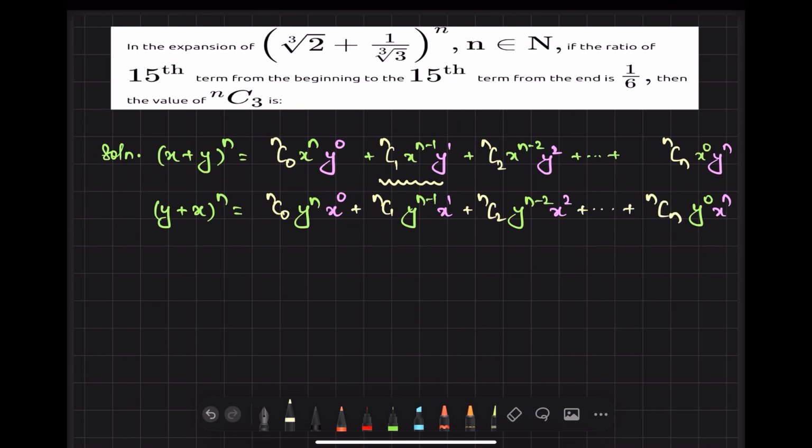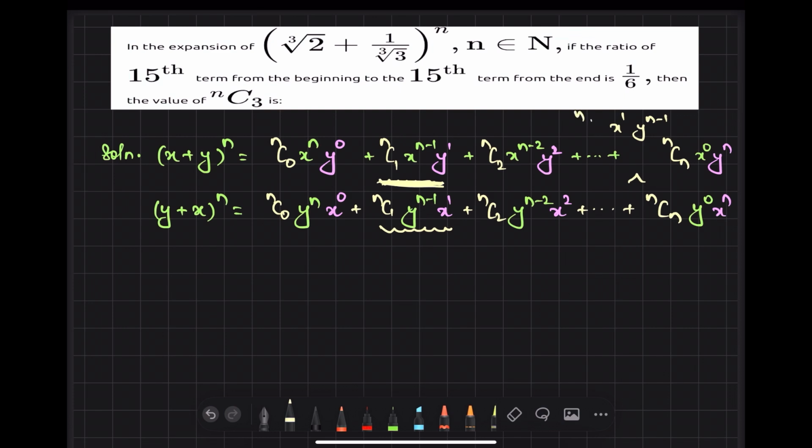Now look at the beauty of this idea. You know that this was the second term from the start. Now this will become the second term from the last. Because look at this: you reduce the power of y by 1, giving n minus 1, and x will be 1 greater.